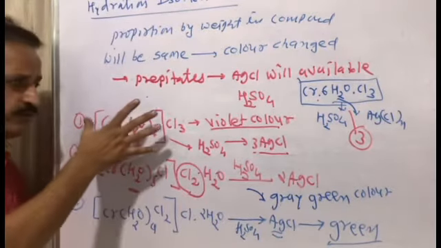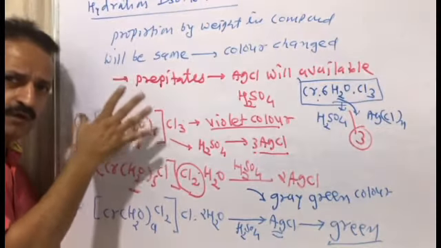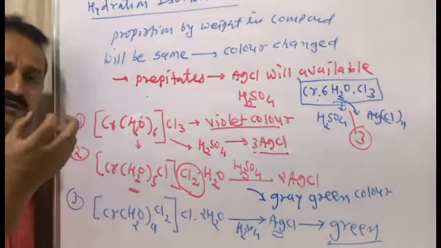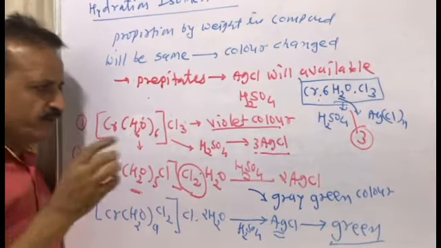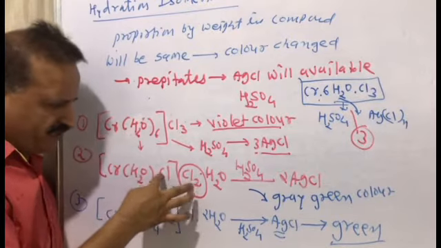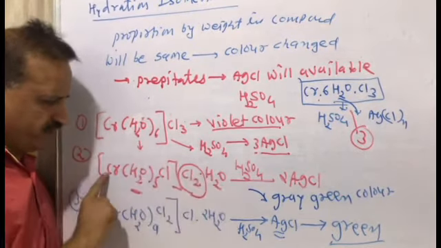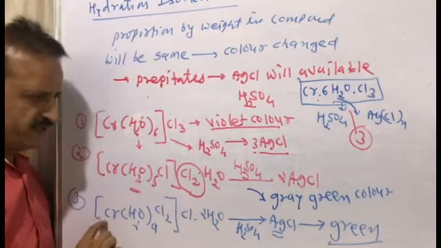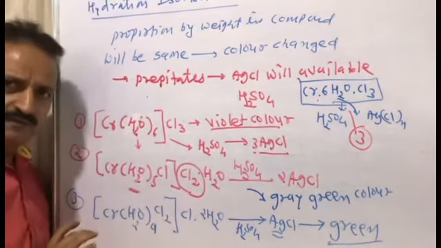So the total number of water molecules and chloride is common, meaning proportion by weight is common: 3 Cl, 6 H2O, 1 Cr in each. Proportion by weight is common.